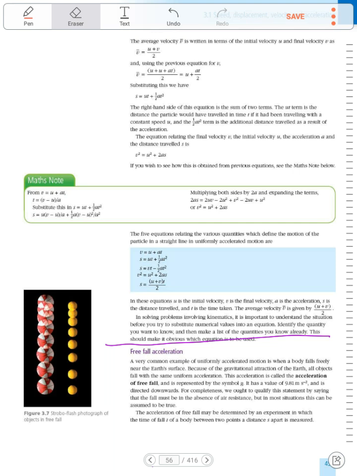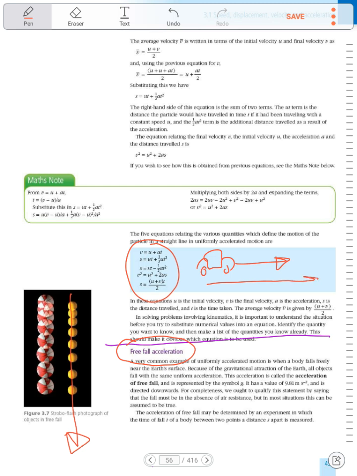We will talk about the same equations, but now in the vertical direction, if the object is in free fall. These equations are used if the object moves in a straight line horizontally, so you can calculate the acceleration.